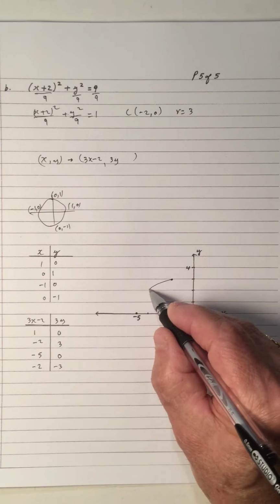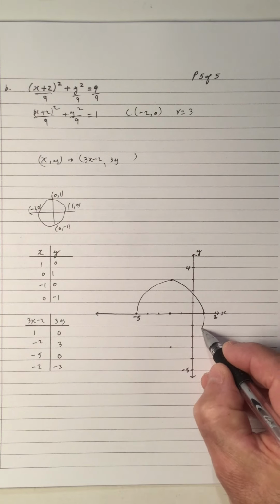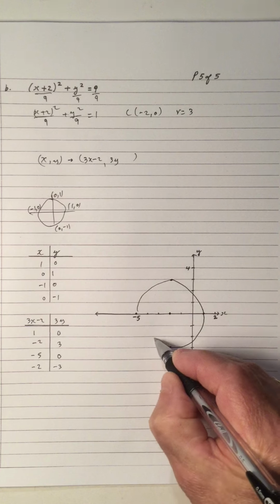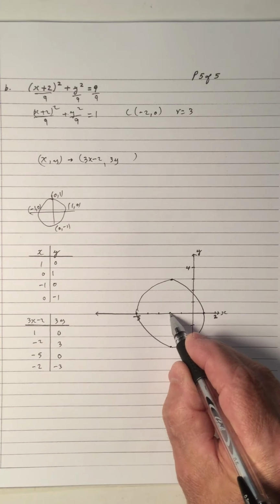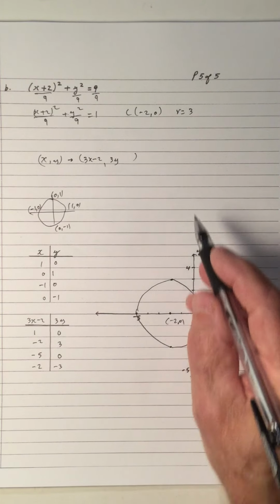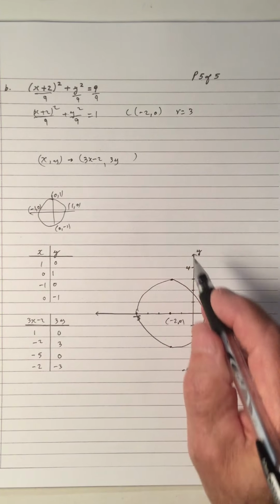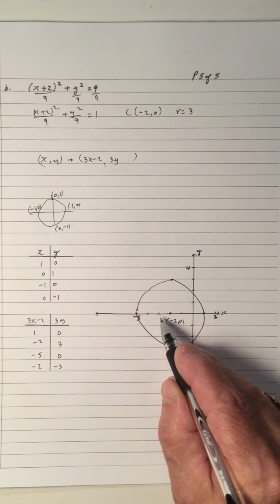So here's the circle. I'm going to say this is not a unit circle because the radius is 3. So the circle, there's the center of negative 2, 0. And the radius is 3. So this is a circle whose center is negative 2, 0 with a radius of 3.